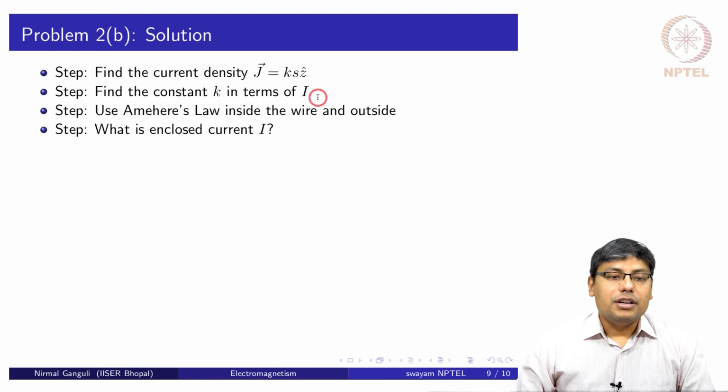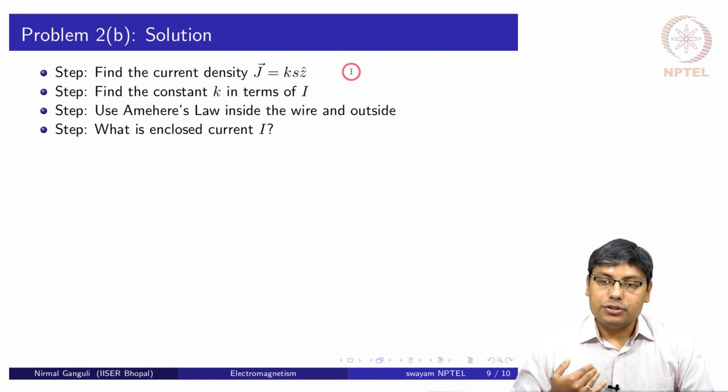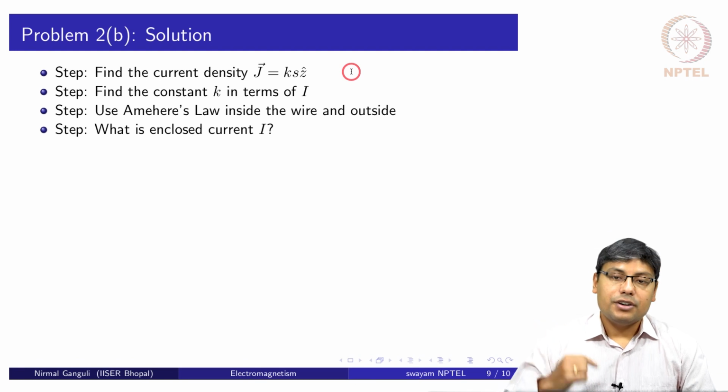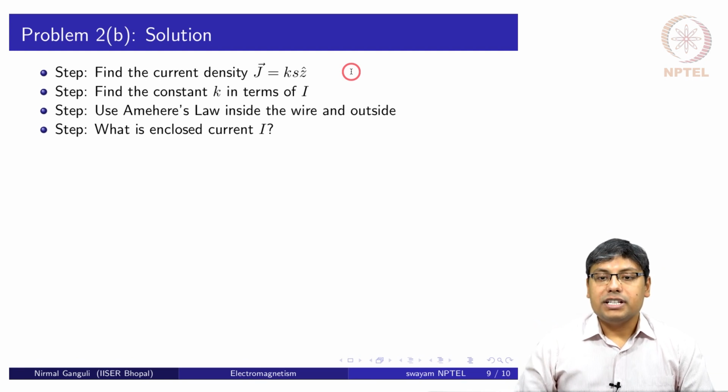Now, if we see the other case, that is in part B, where the current density was proportional to S, that is the distance from the axis. So, we can write the current density as K times, K is the constant, times S, and that is along the z cap direction.